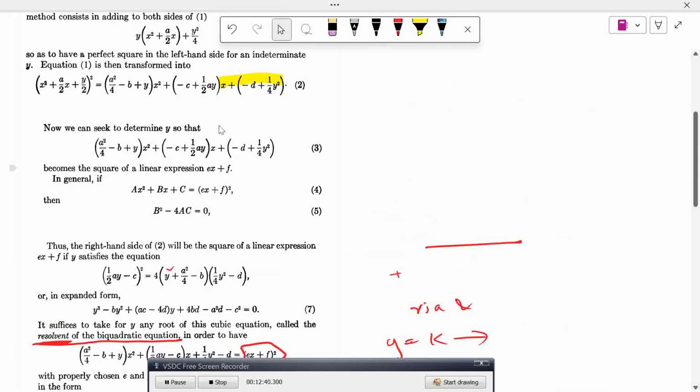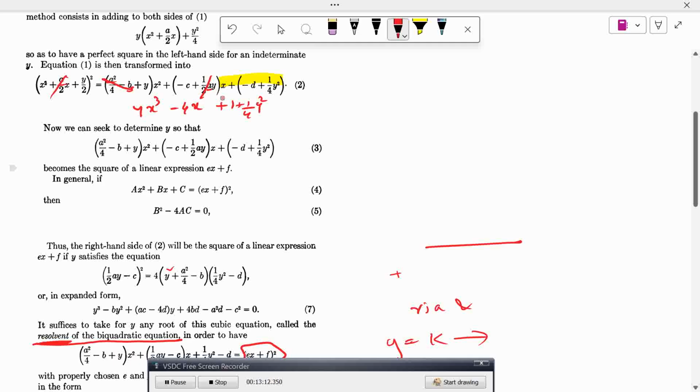If we put that in equation 2, what will you get? This term will be 0, these terms will be 0, these terms will be 0. Why? Because a is 0, here b is 0, here again a is 0. So in the RHS you will have y x cube minus 4x plus 1 plus 1 by 4 y square.